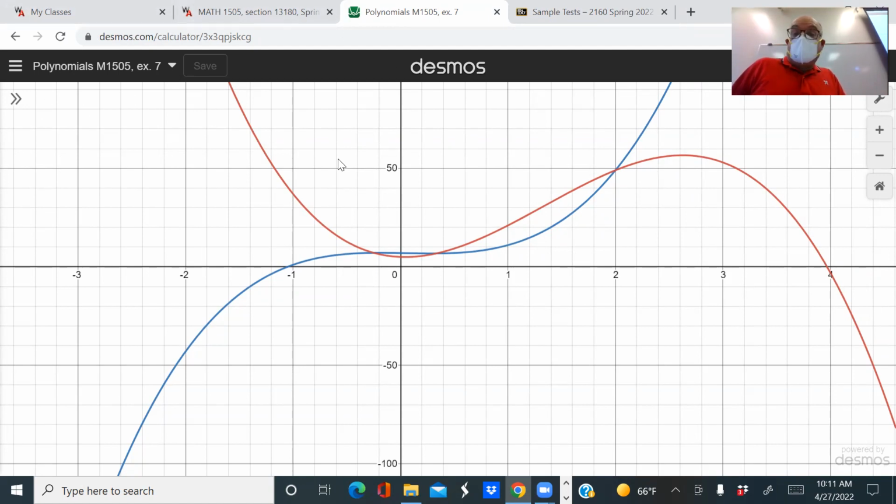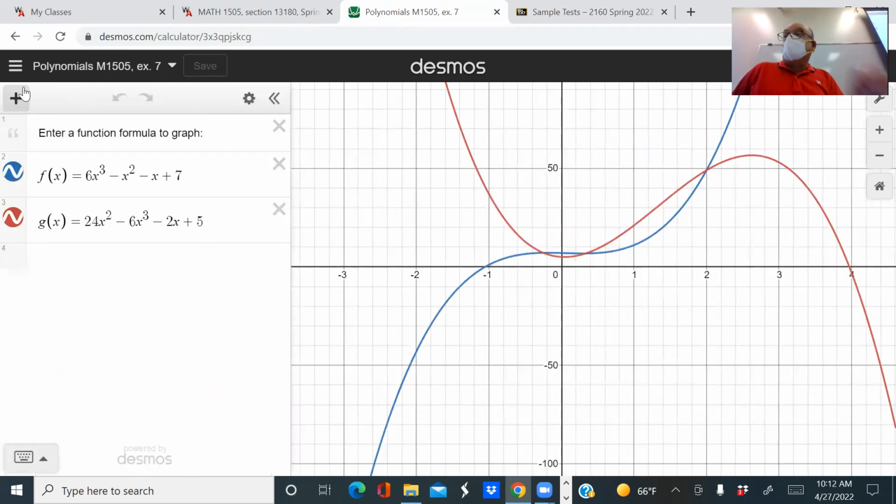If it was going to be hard to make these graphs, that would maybe not be a strategy you would want to pursue. But since we can make the graphs easily, estimating the solutions from the graph is workable. Of course, that would just give us estimates, and our estimates might be quite good, but they would still just be estimates.